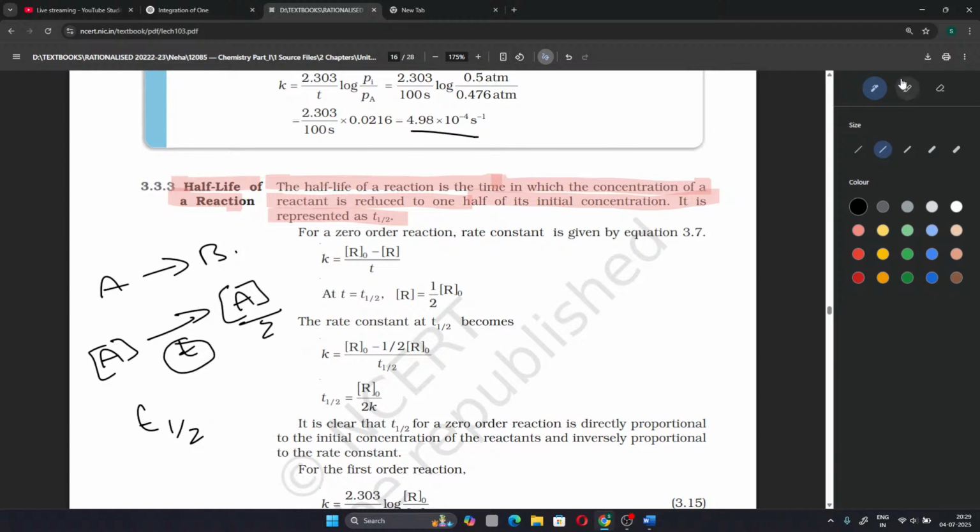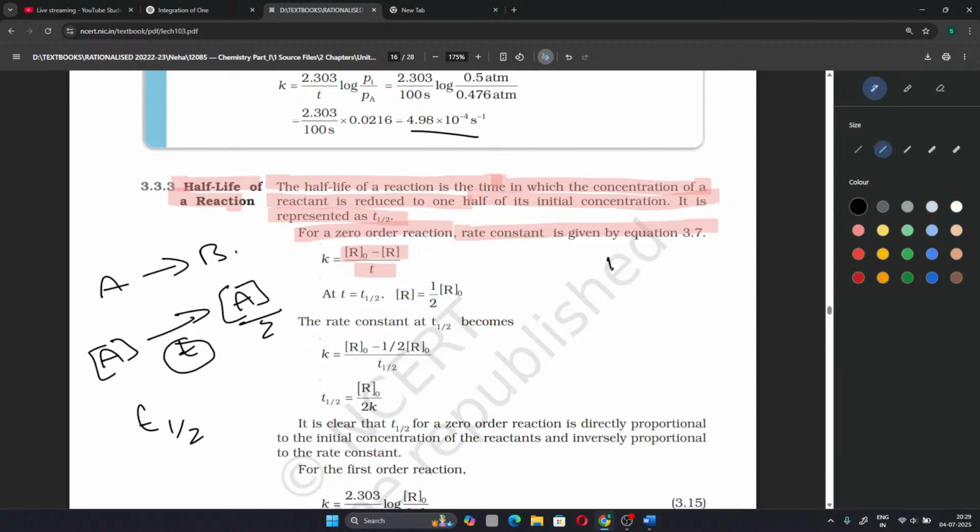For a zero order reaction, the rate constant is given by equation 3.7, which is R naught minus R by t, where R naught minus R is 1 by 2 R naught and t equals t half.